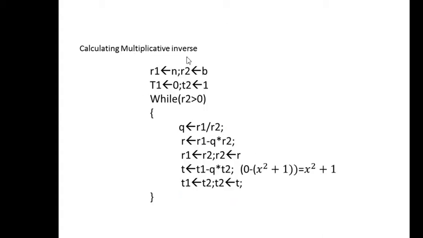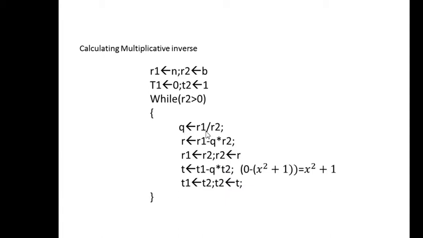For the multiplicative inverse, the Euclidean algorithm is used, and t is found, t1 is found, r is found, r1 is found, and r2 is replaced by r.